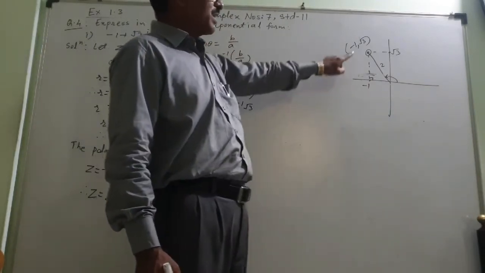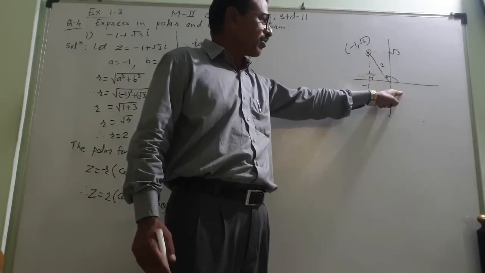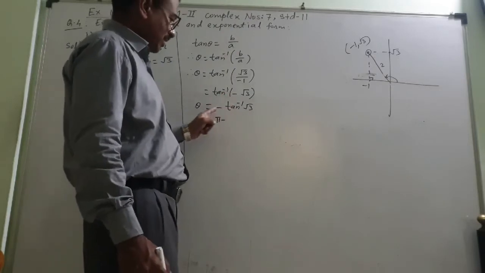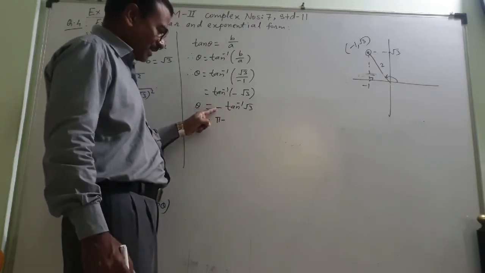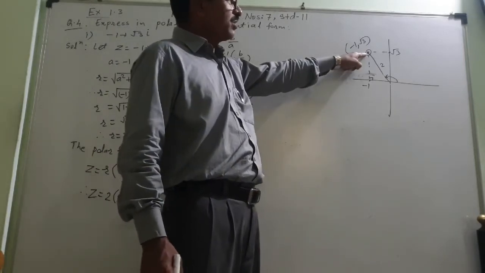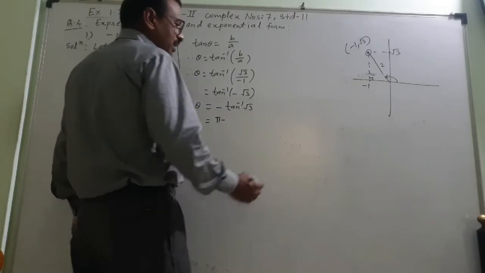Only see whether it is in the second quadrant or in the fourth quadrant. If it is in the fourth quadrant, it will be 2 pi minus. If it is in the fourth quadrant and it is coming minus, here I will write 2 pi minus. But it is in the second quadrant. So I will write pi minus tan inverse of root 3.